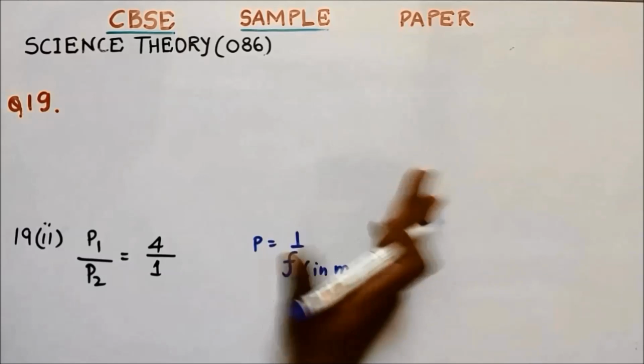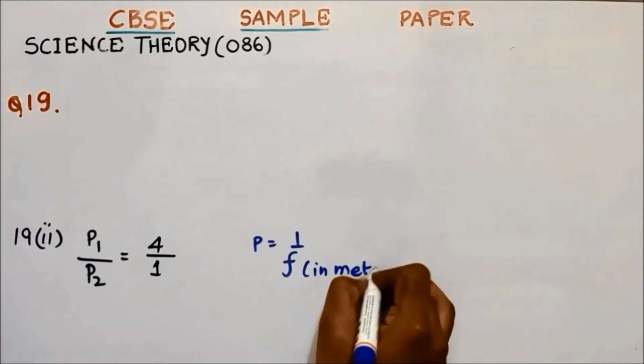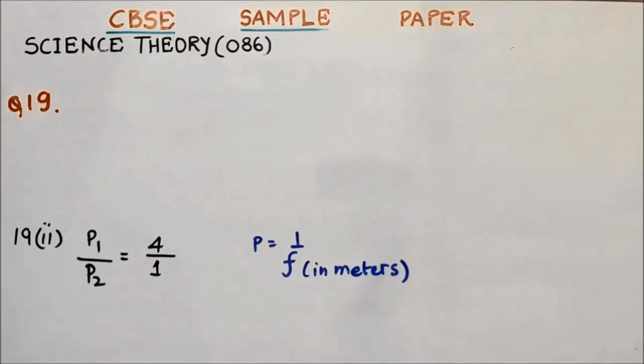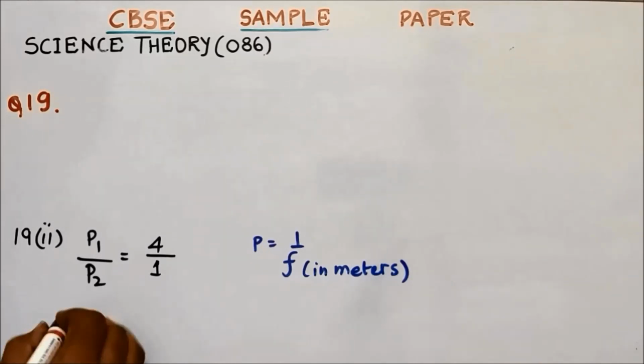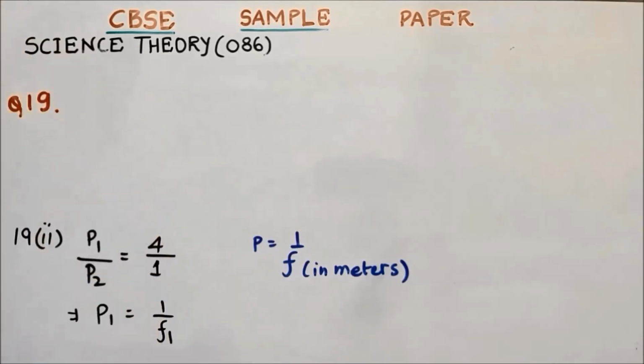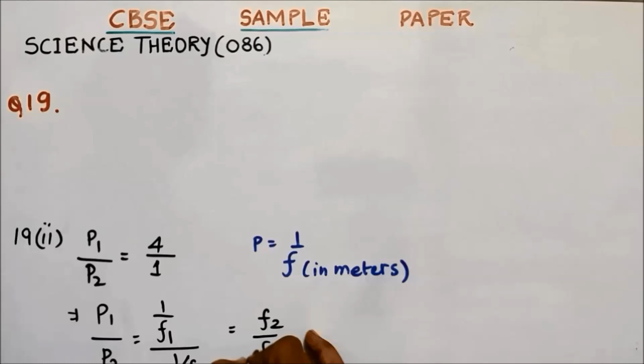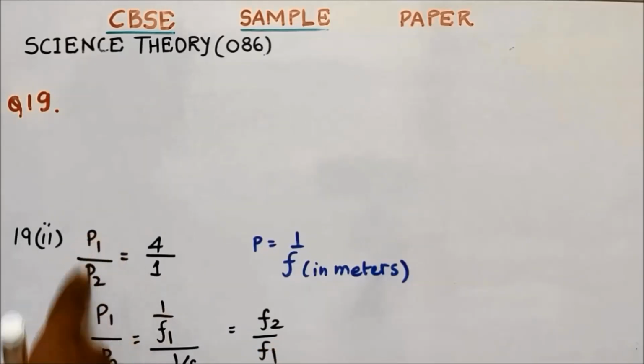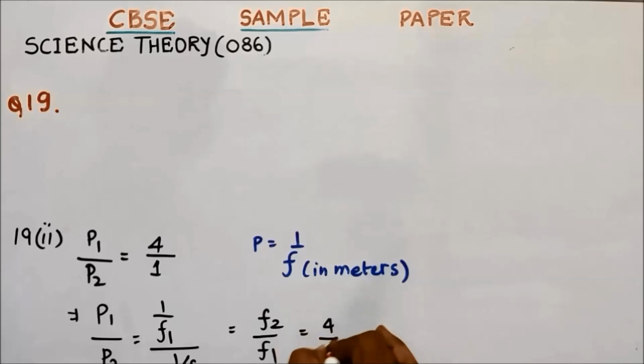So P1 is equal to 1 by F1, the focal length of the first lens, and P2 is 1 by F2. So P1 by P2 is equal to F2 by F1. What is the value of P1 by P2? The value of P1 by P2 is 4:1.